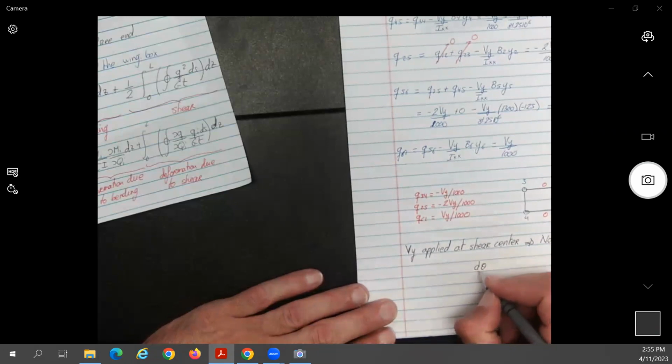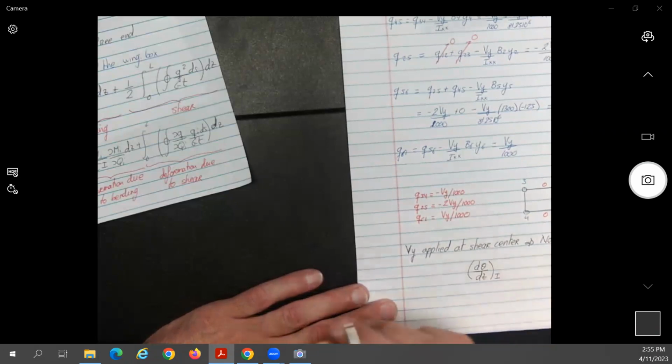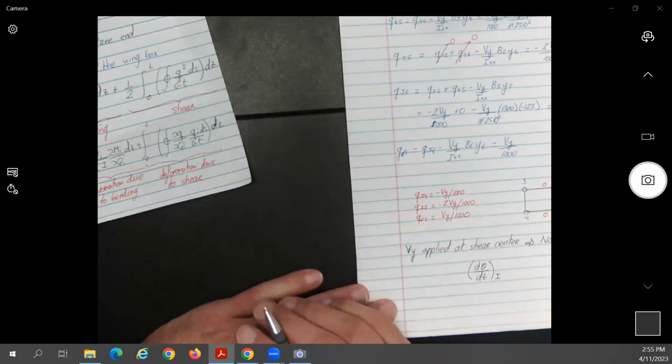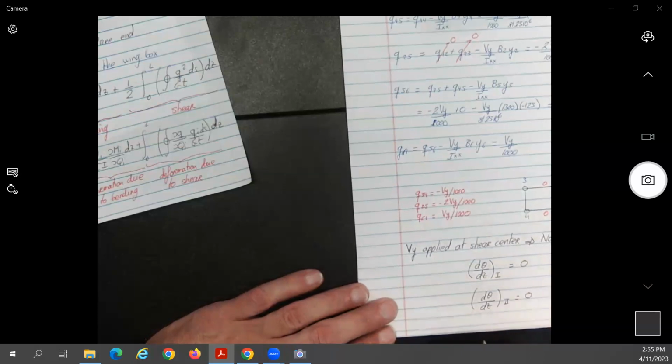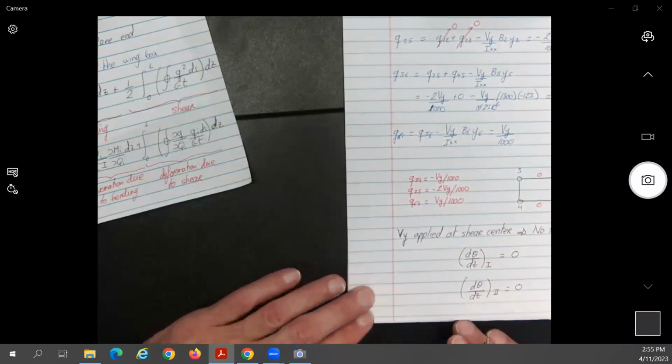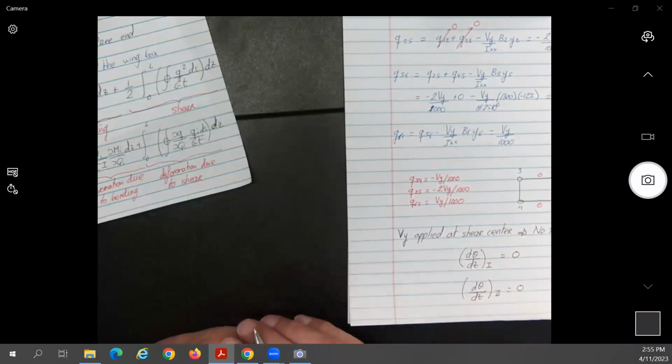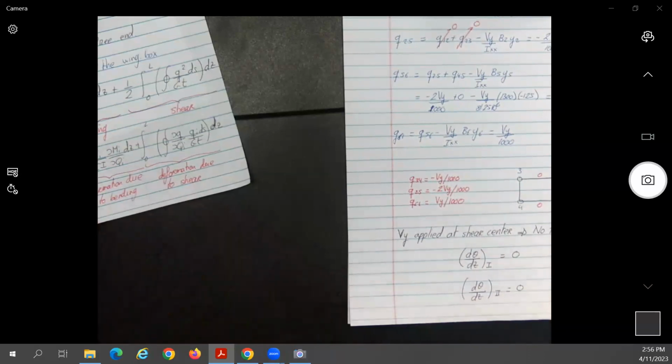Okay, so what is that going to imply? It's going to imply that if we do the angle of twist of cell 1, it will be equal to 0, and if we do the angle of twist of the second cell, it should be equal to what? 0 as well. Okay, let me know what would be the only difference in this problem on how to solve it.